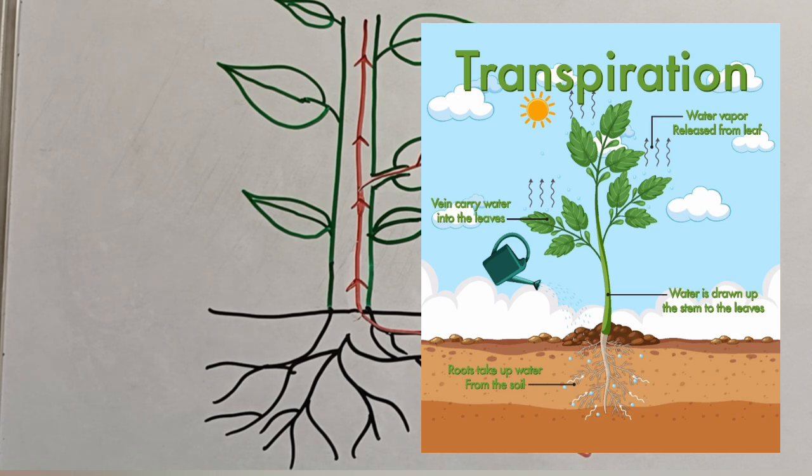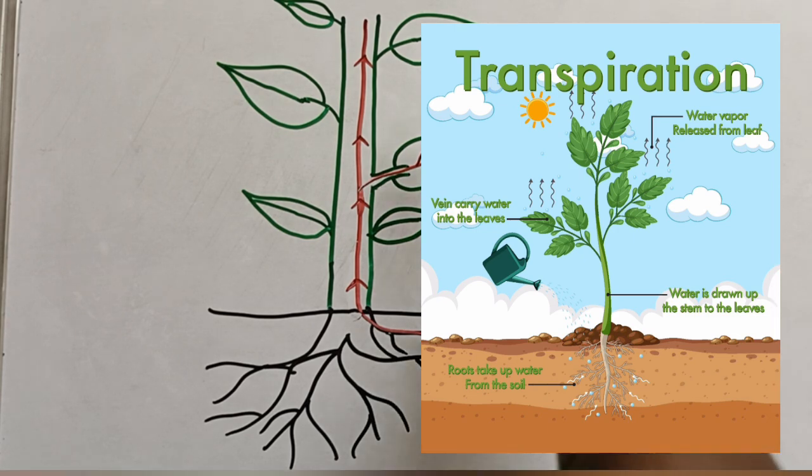So during daytime in the sunlight, some amount of water from the plant body will get lost in the form of water vapor through the aerial parts, that means through the stomata of the leaves. Through the stomata of the leaves, some amount of water from the plant body will come out in the form of vapor and it gets lost. So that process is called transpiration. So in case of tall trees, this transpiration helps in the pulling of water.